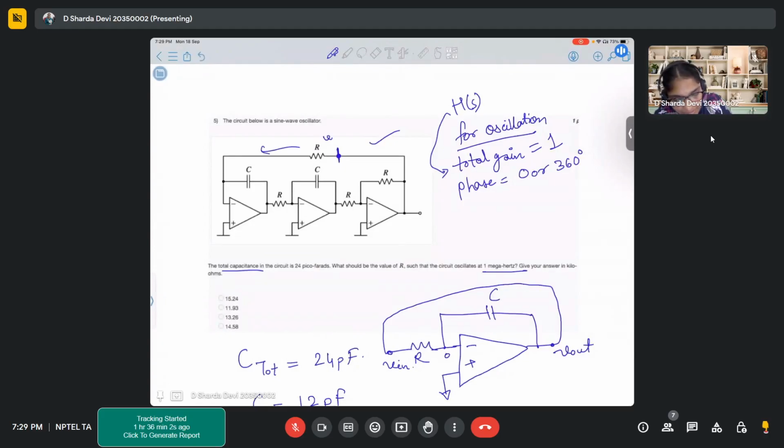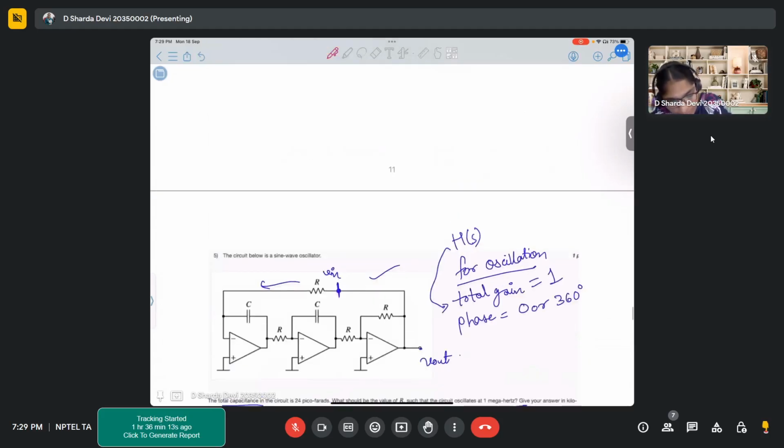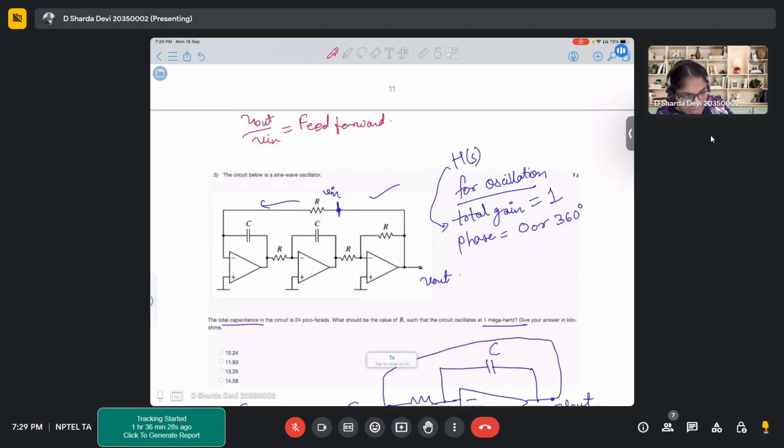This point will be my Vin and this is my Vout. So Vout by Vin is feed forward, and there is another path, the feedback path, which is from Vout to this connection. For that, how would you write? You will write it as Vin by Vout. This is feedback.